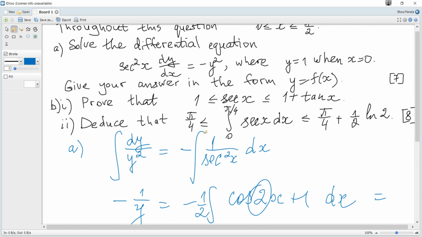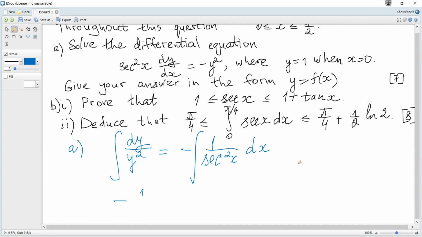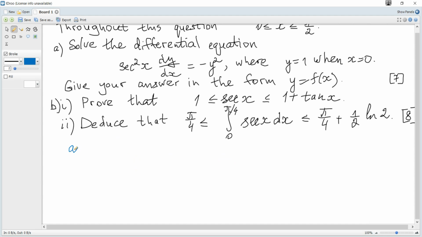And the next question proves that secant of x is greater or equal than 1 and less or equal than 1 plus tangent. When you meet secant and tangent, you remember that there exists a formula which relates secant and tangent, and it is given in the data booklet, and it looks like what?